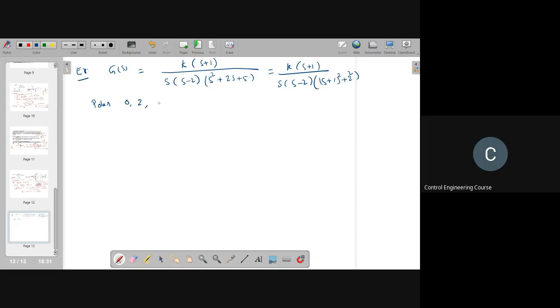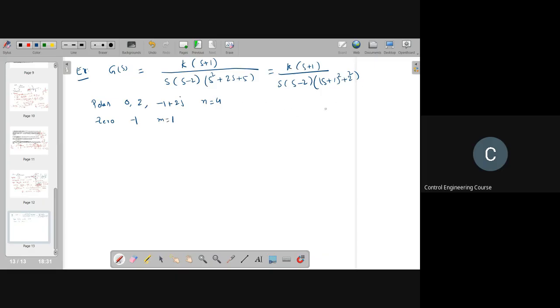That means it has poles at minus 1 plus or minus j2. We are having number of poles n equal to 4. Next, zeros. We are having a zero at minus 1, and the number of zeros is 1.